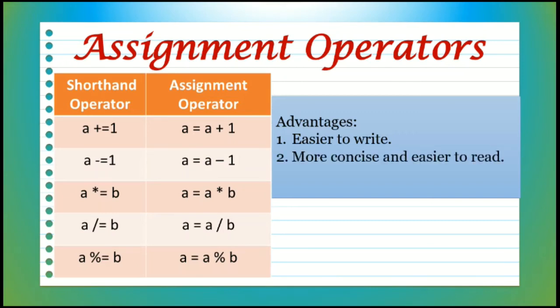Second advantage, the statement is more concise and easier to read because we are shortening the expression, so it is very easy to understand. Third one, the statement is more efficient. So shorthand operator is easier to read and understand and is more efficient.